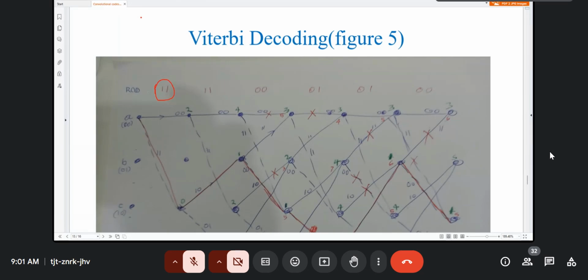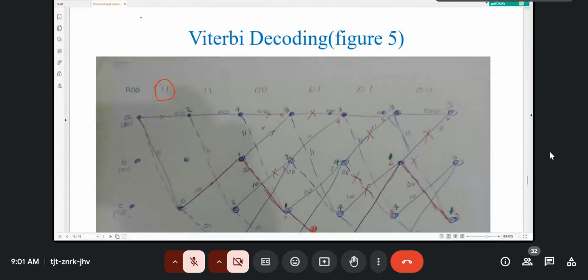So in this case, if the output in a branch is the same as this one, then that branch has 0. If it differs by 1 bit, then it is 1. If it differs by 2 bits, then it is 2.